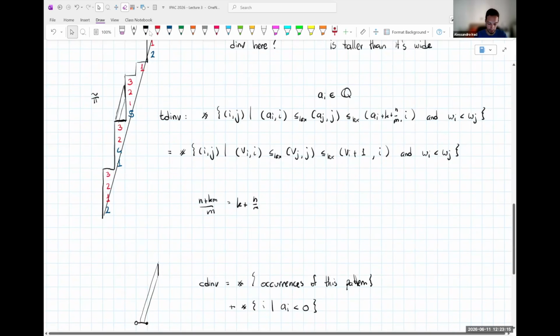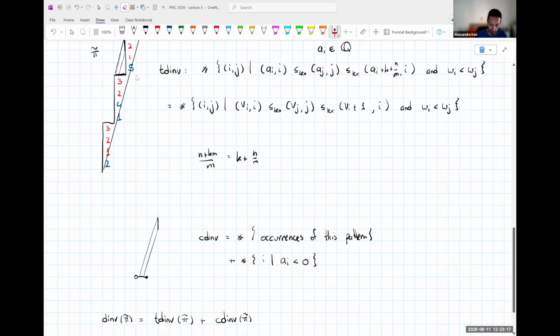I'm not sure what you mean. This thing can happen even if this guy is below them in diagonal. These are parallel to the diagonal, but they can be below it. So we count these things the same way. I'm just asking, is there a nice way to reverse the statistic?